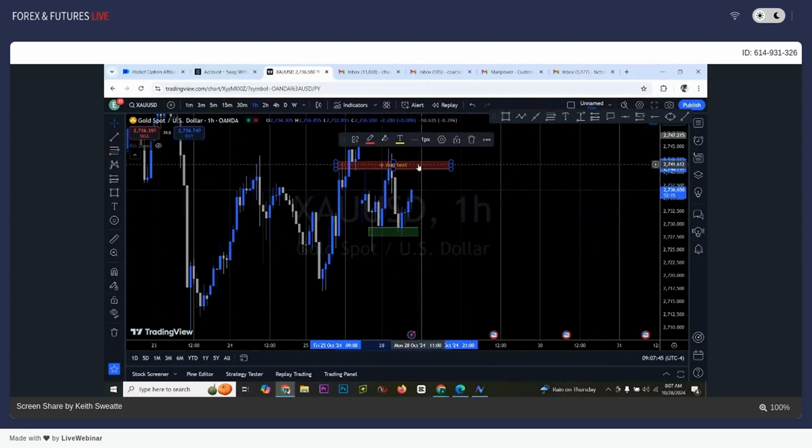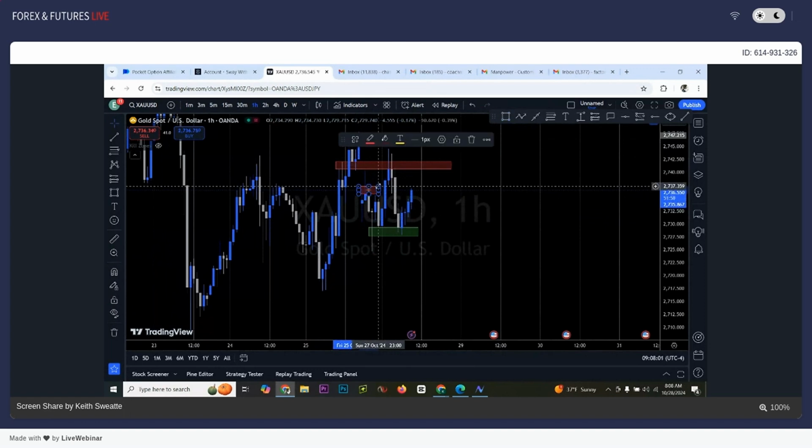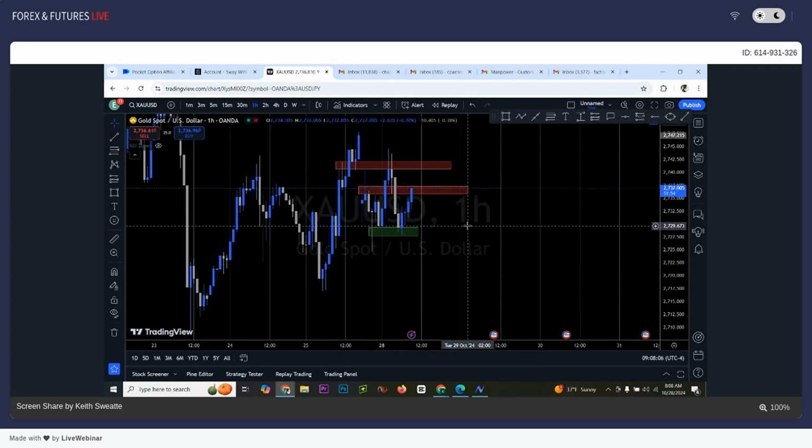Right? So now I know I don't want to take this trade unless it comes up to here or starts giving us some rejection from where we're at, because this is also resistance right here where we're at. Why?